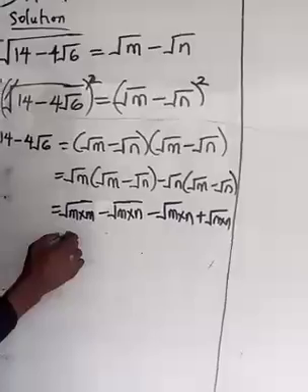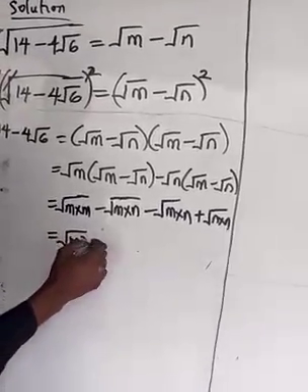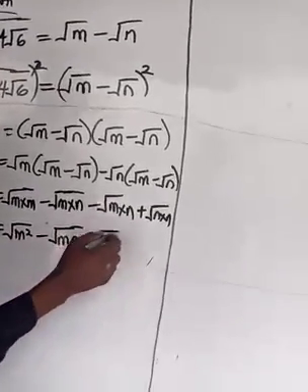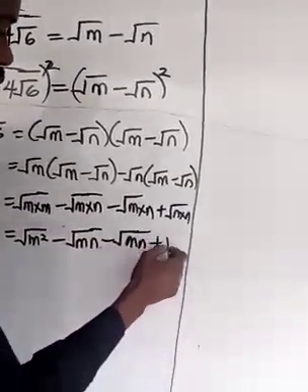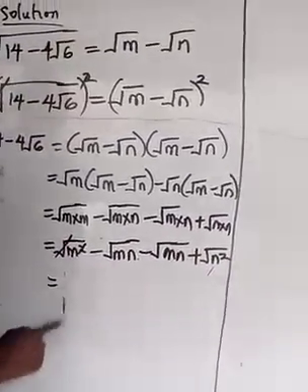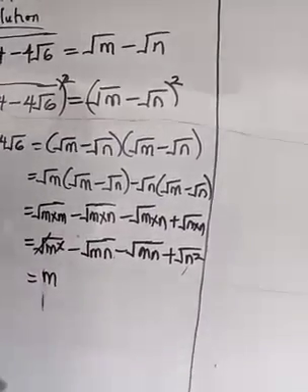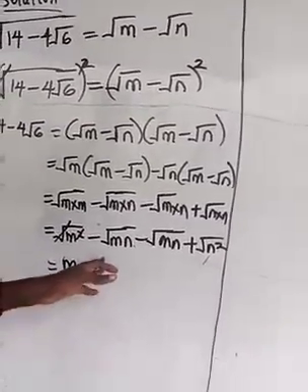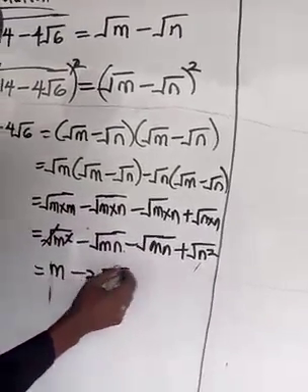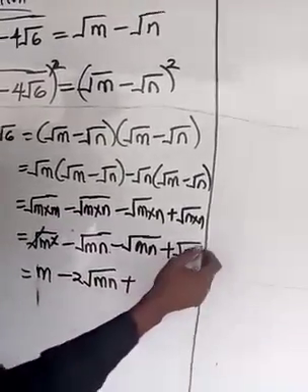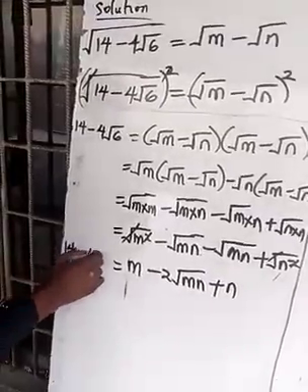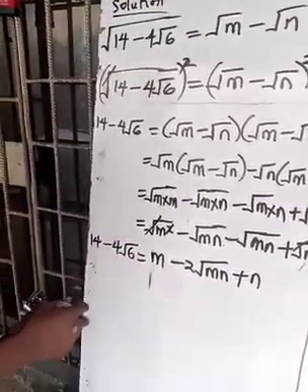So this is root m squared minus root mn minus root mn plus root n squared. The square cancels the square root, we have m. Then you are owing somebody root mn, and you are owing another person root mn, so altogether you are owing 2 root mn, plus n. So this is 14 minus 4 root 6.